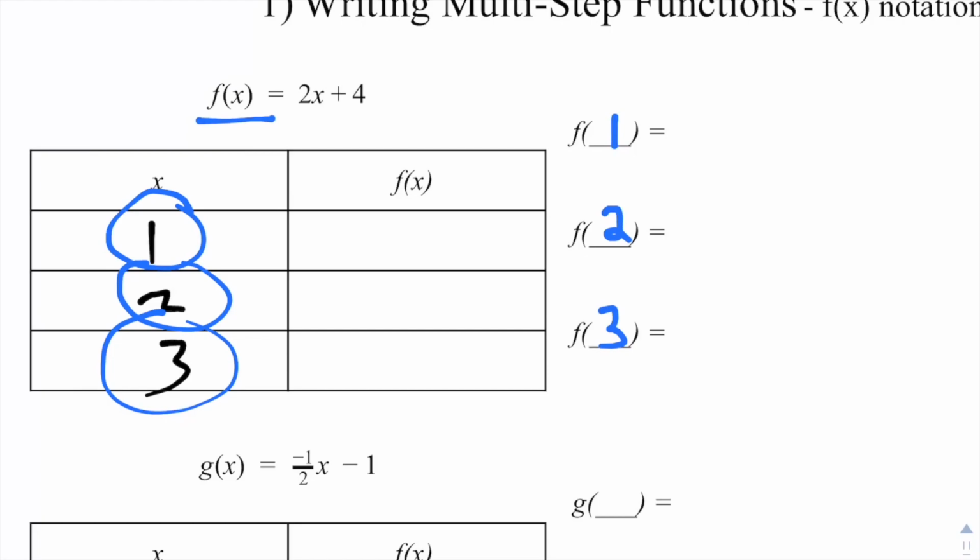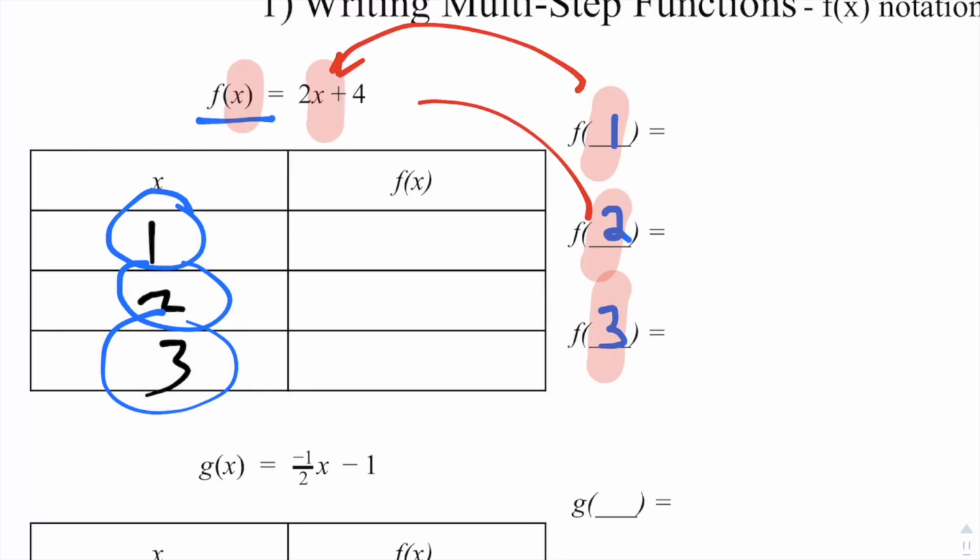And all that means is anywhere that you see an x, just like we replaced the x in the function notation, you're going to replace it in the actual expression of the function for each one of these. So I'm going to erase those out.